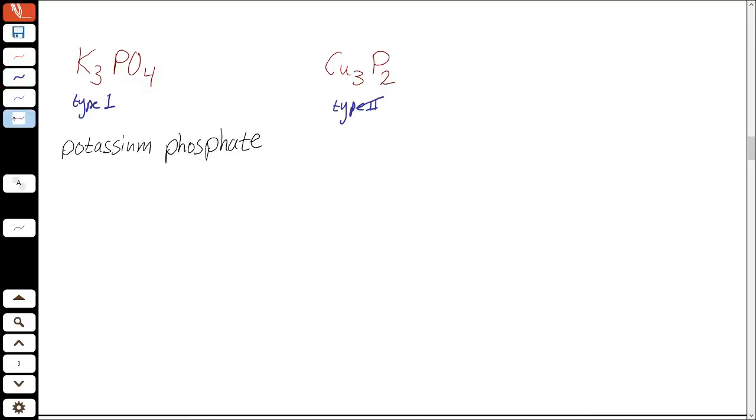So our cation is still going to be called copper, but we have to figure out what charge we're going to put in parentheses there. And we'll do that in a second. What's the anion called here? Yeah, so phosphate was PO4. If it's just a single element, just like chlorine or oxygen or whatever, we cut off the end and we put "ide." So this becomes phosphide.